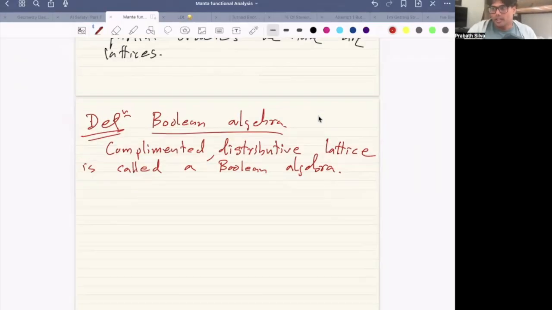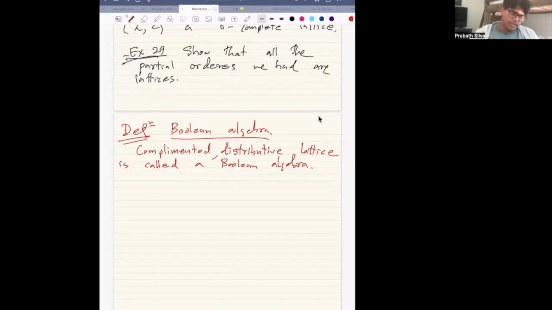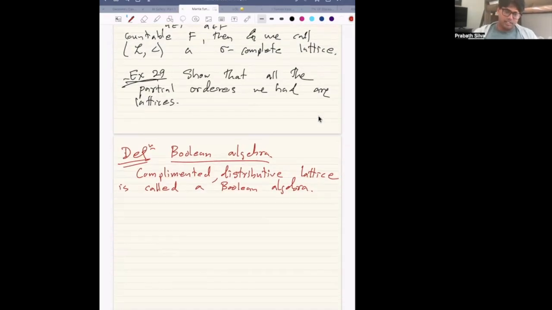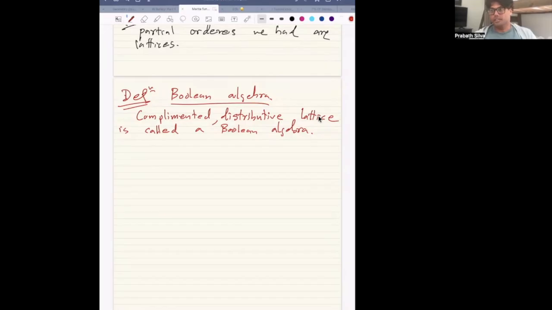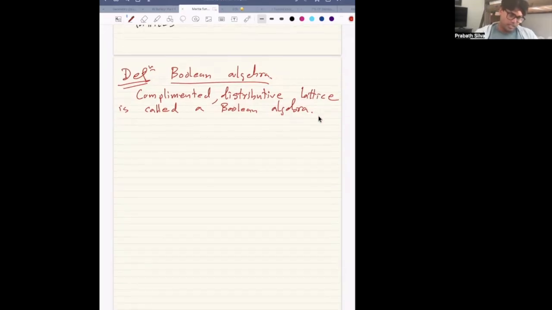Okay, now finally, the last piece that we need is the definition of a logic. To get to that, we need this. We had the difficulty in the case of subspaces of a vector space: we didn't have a unique complement.